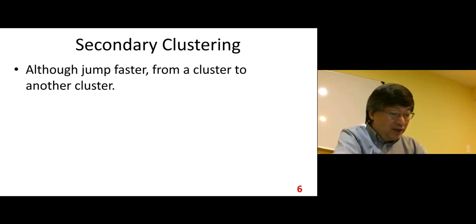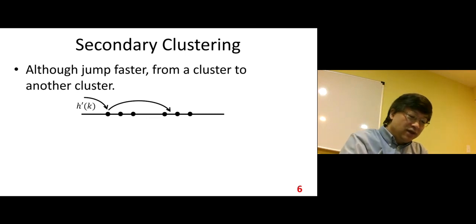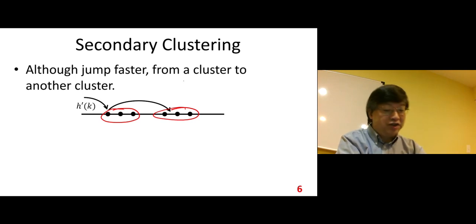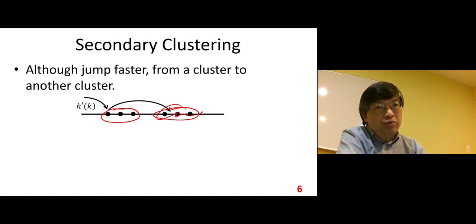In the diagram, the first cluster, the second cluster: you evaluate your hash function value, so you fall into the first cluster, then you jump faster, and you fall into another cluster. This is called the secondary clustering problem. That's still a big negative factor that slows down the overall search performance.